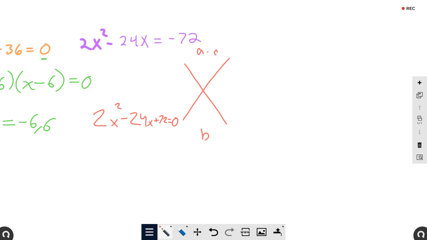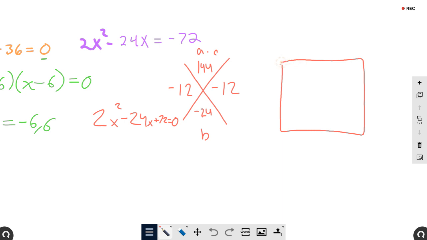So the first step was set it to 0. Yes. Okay. What's step 2? This part. Okay, go ahead. So I figured out that the two numbers were 12 and negative 12.